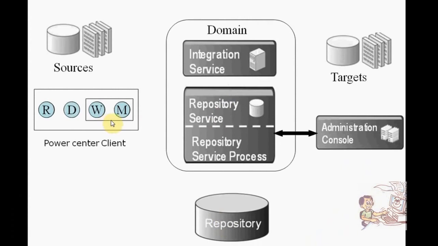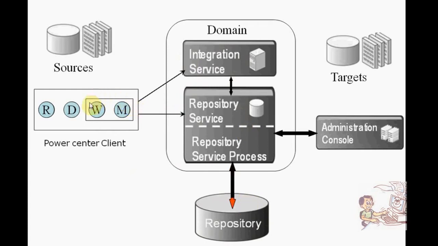See here, first, while creating the mappings and everything, we are loading metadata into the repository database. After creation of the flow, we send requests to the integration service for execution. Again, the integration service sends the request to the repository database.